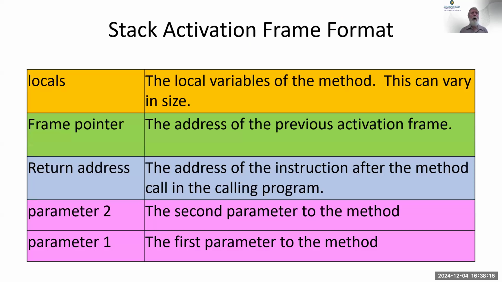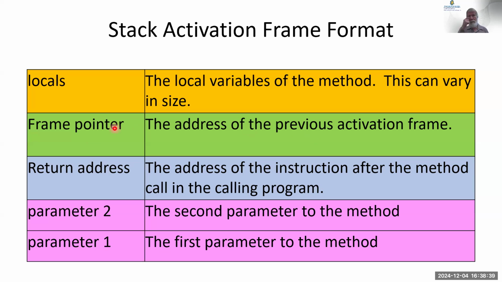Each time you call a method, the software automatically creates an activation frame on the stack where it keeps information about that call: the parameters you're passing to the method, the return address, how you get back, and the frame pointer, which points to the previous frame.